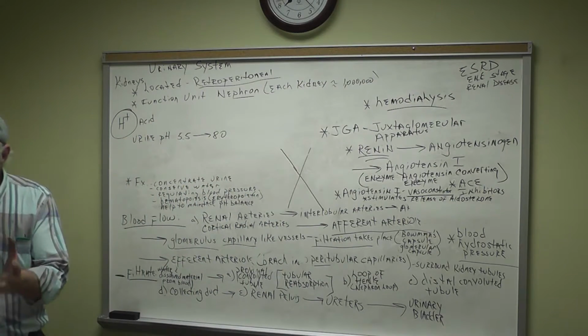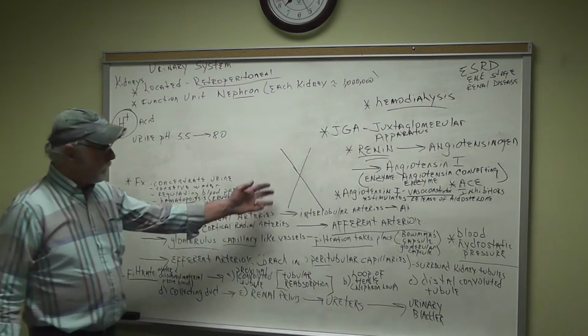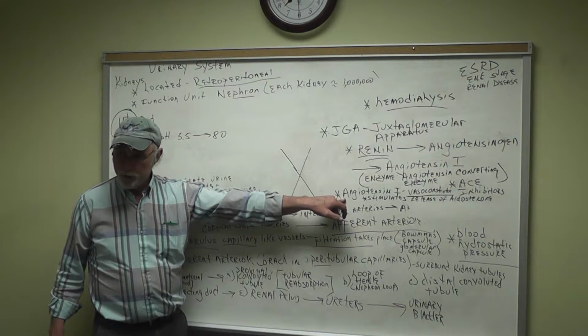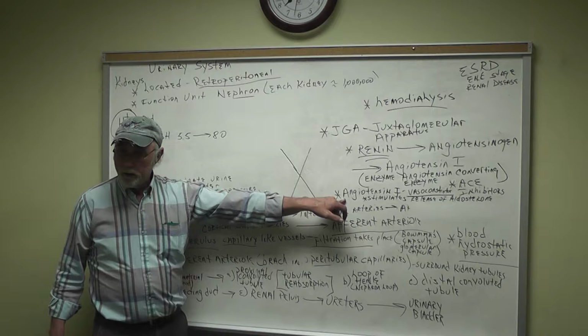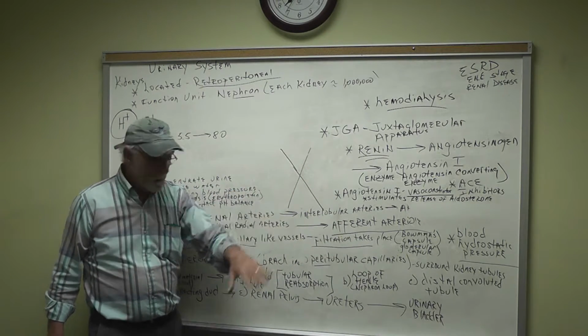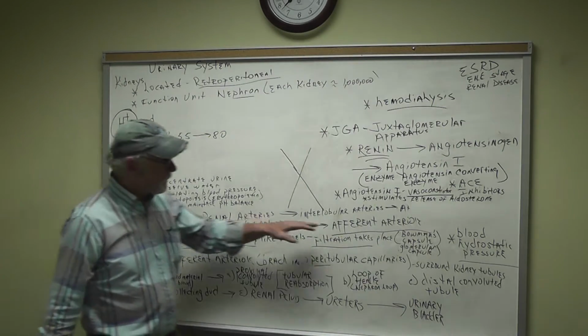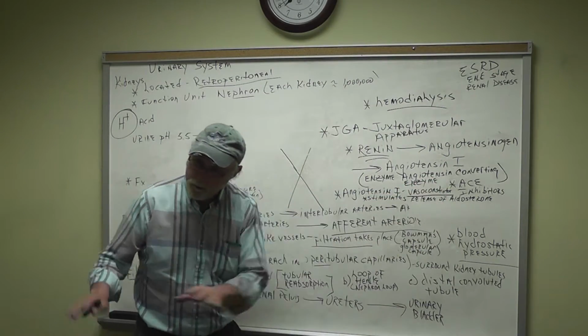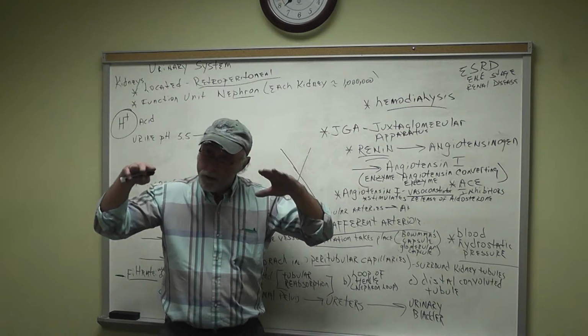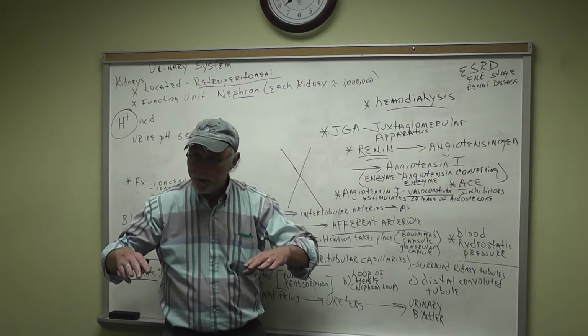To block the action of that enzyme, which will block the formation of angiotensin, so that the blood vessels don't constrict, and so that aldosterone is not released and the blood volume doesn't go up, all in an attempt to keep the blood pressure down.